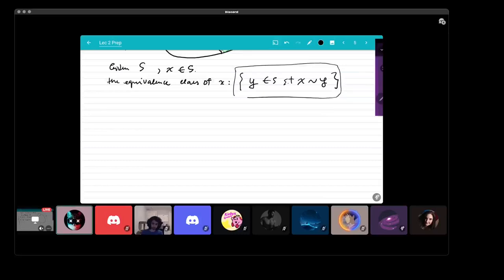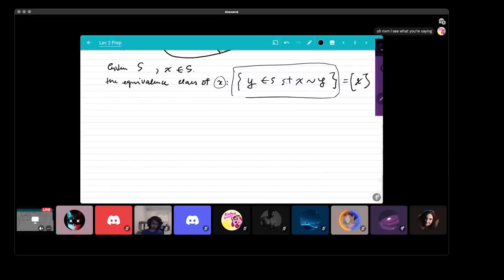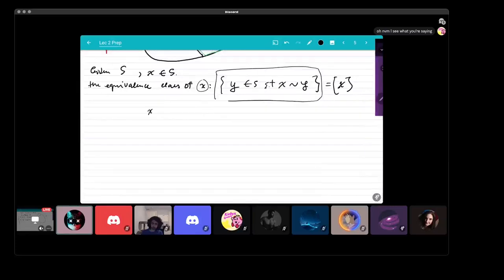So given an element, and this is denoted sometimes as this, it means that if I have an x and I regroup everything similar to it in a big set, it is the equivalence class of x.